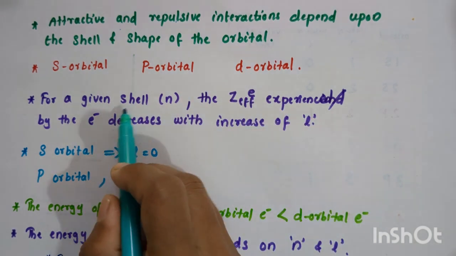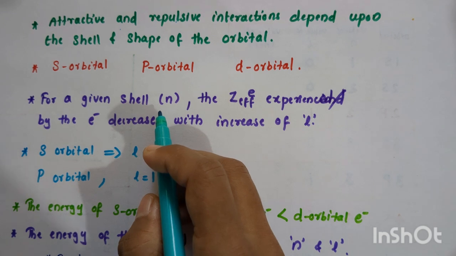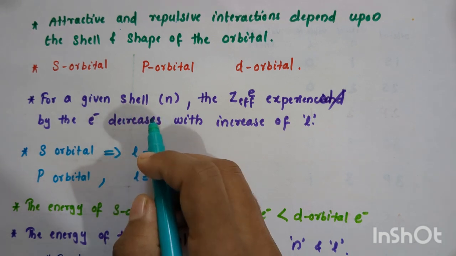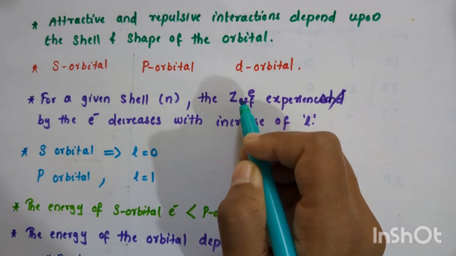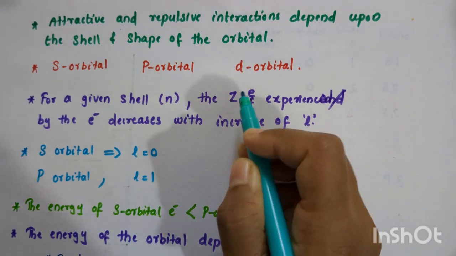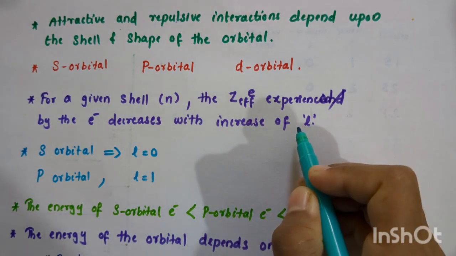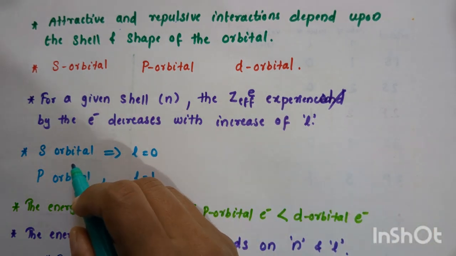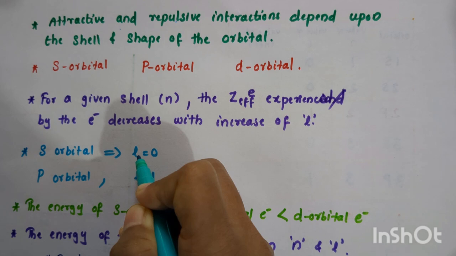For a given shell, that is for a given value of principal quantum number n, where for the K shell n is equal to 1 and for the L shell n is equal to 2, the effective charge experienced by the electron decreases with the increase of the azimuthal quantum number l. That is, for s orbital, azimuthal quantum number l is equal to 0.